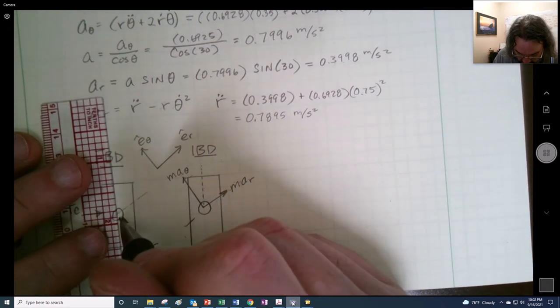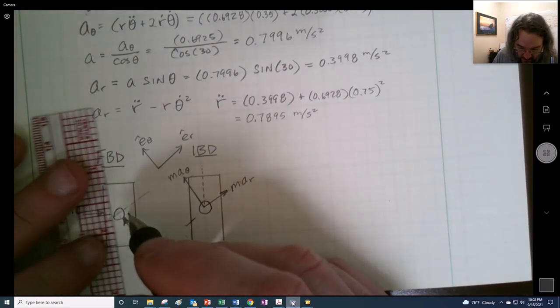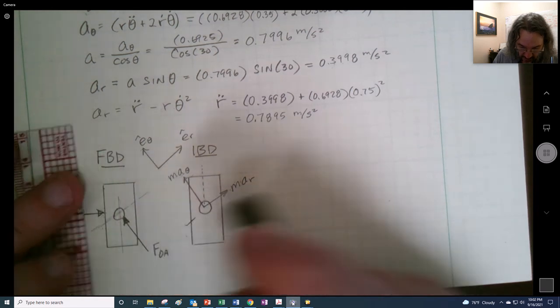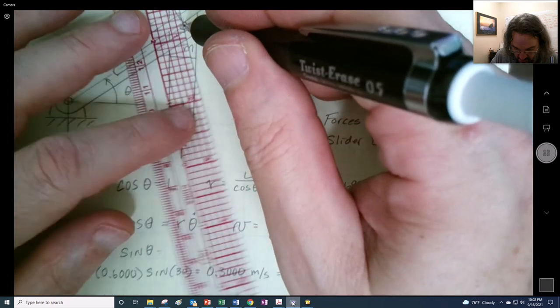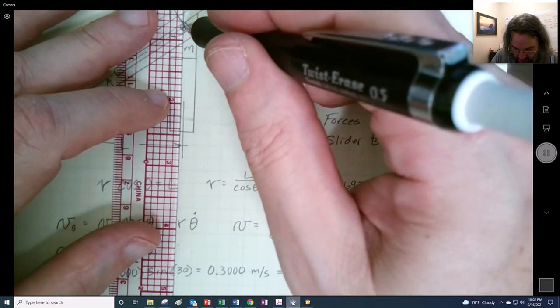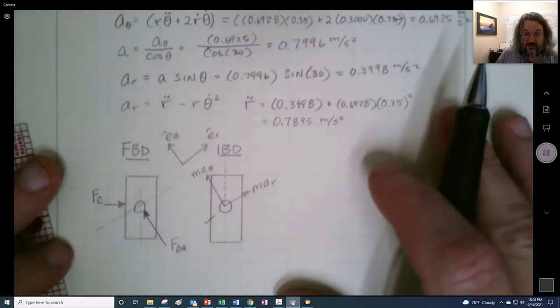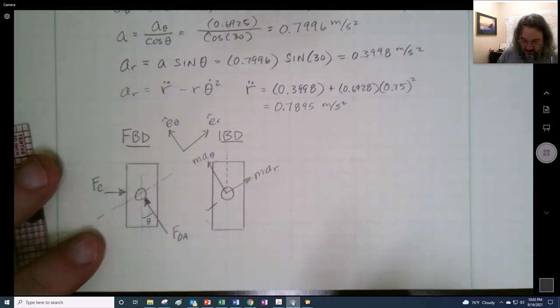And I think we got to be careful with this angle right here. What is this angle? I think this angle right here should be 30 degrees. I want to double check that. If we had something like there and there, yeah, that's got to be 30 degrees. So I'm going to call this right here 30 degrees. So theta is right there.